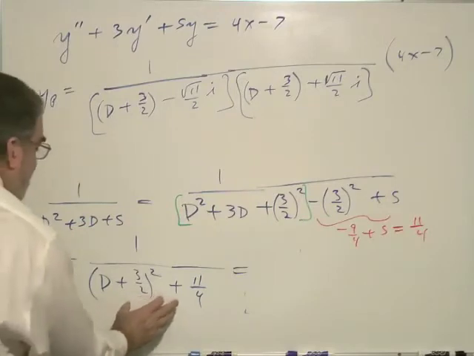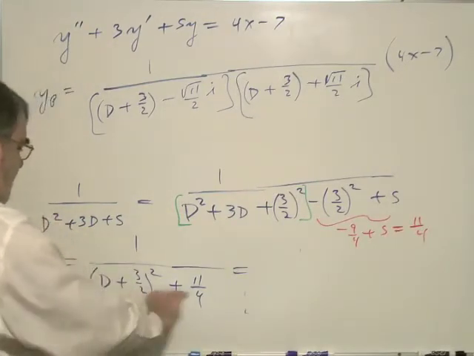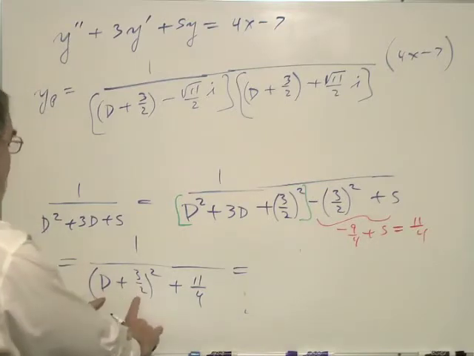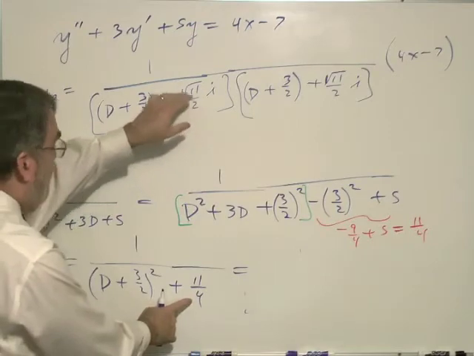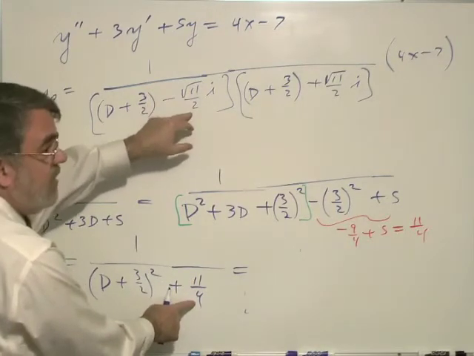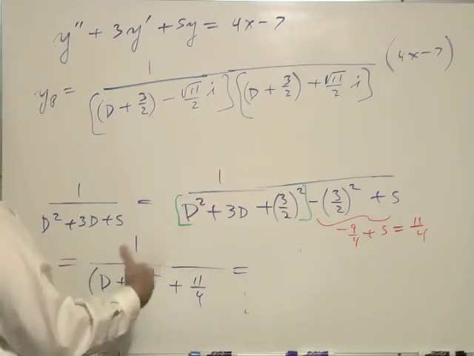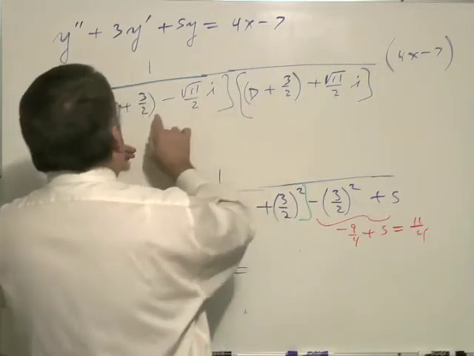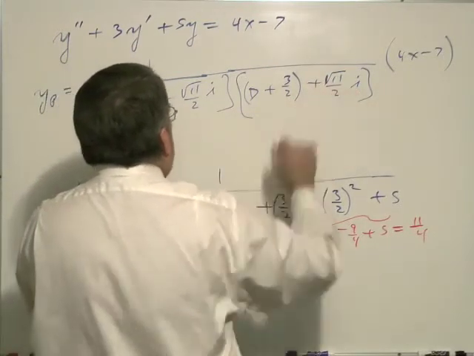I'm going to think of this as a difference of two squares. And when I factor it that way, it's D plus 3 halves minus this square root, the square root of 11 over the square root of 4, that's square root of 11 over 2, times i, and then times the conjugate, D plus 3 halves plus square root of 11 over 2i.